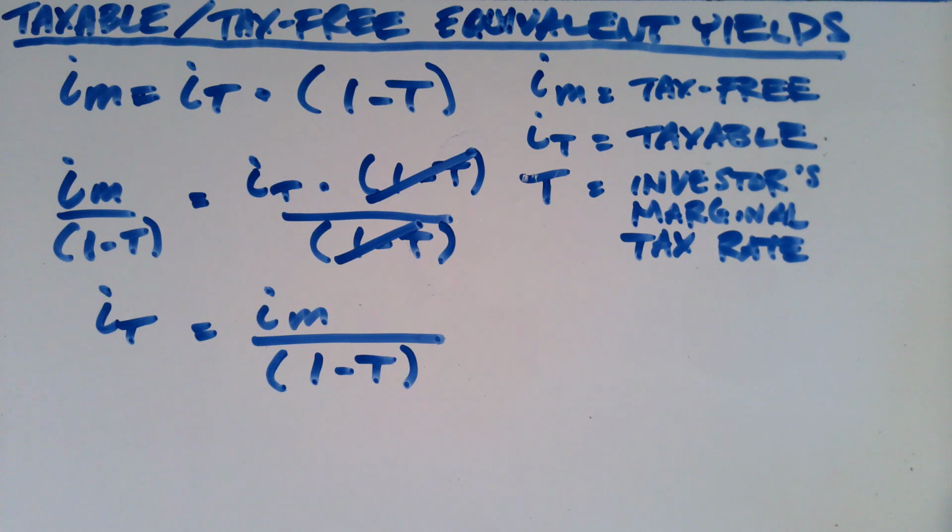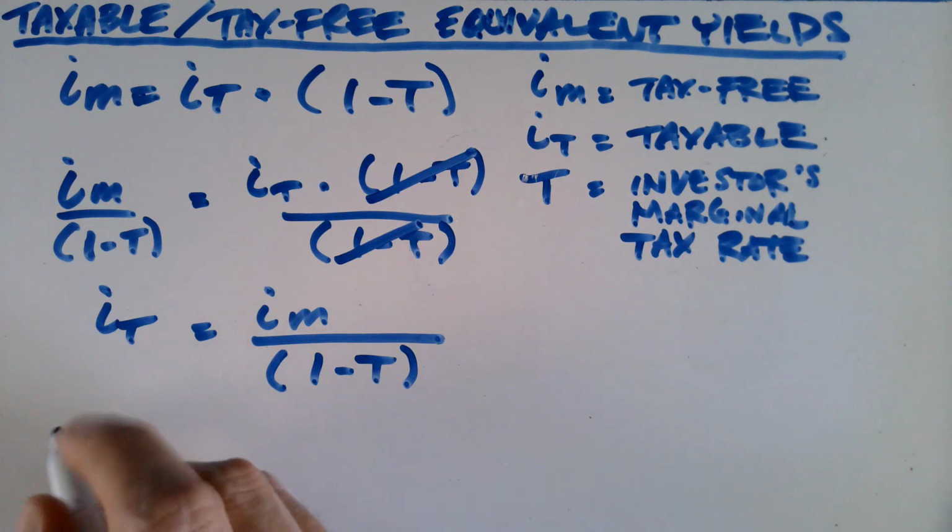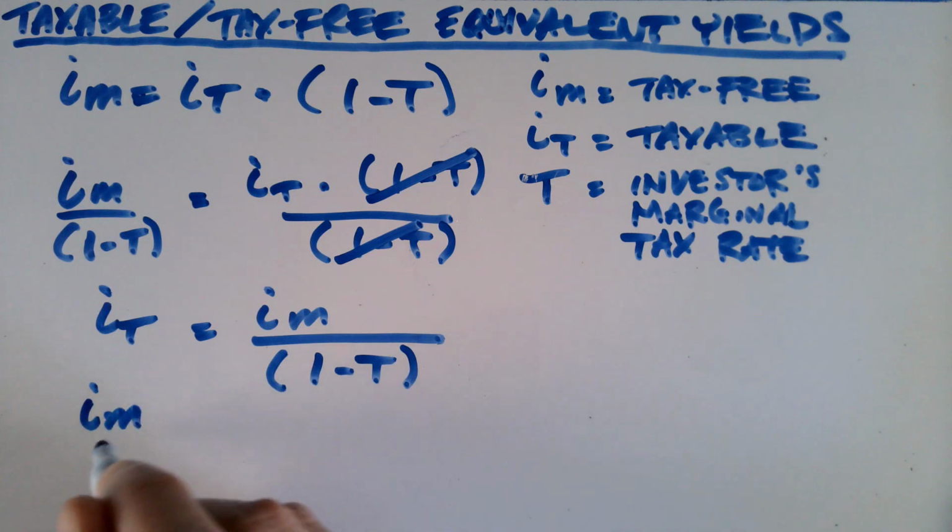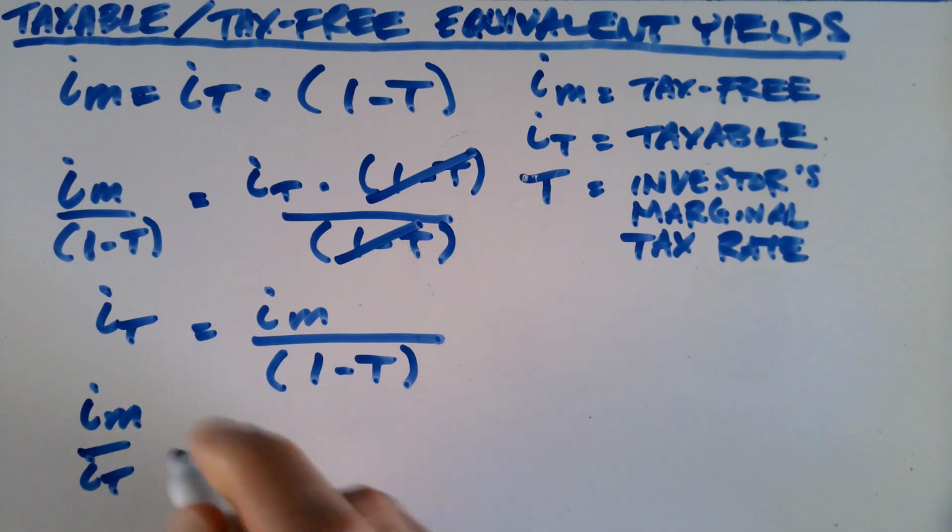Now there's one more calculation that we could do here. We could be asked to find the marginal tax rate. And to do that, it takes a little bit more work. So first of all, we are going to have to divide both sides by I sub t.